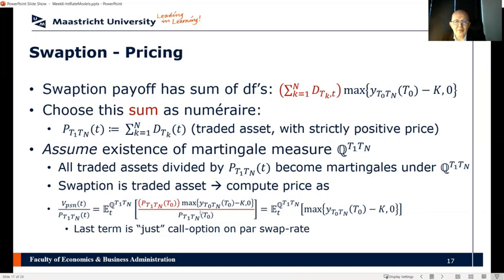This was the max of y minus k times the sum of these discount factors, which is this P here, and I am dividing by this same P as the numeraire. Now you see why this is a clever choice of numeraire, because the sum of discount factors in the numerator very conveniently cancels against the sum of discount factors that I use as the numeraire. Therefore, I need to compute the small t expectation of this y minus k swap rate payoff at time capital T0.